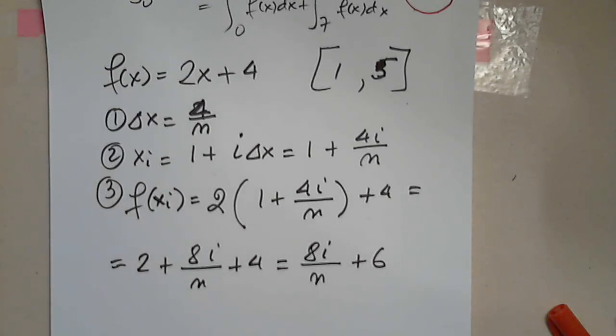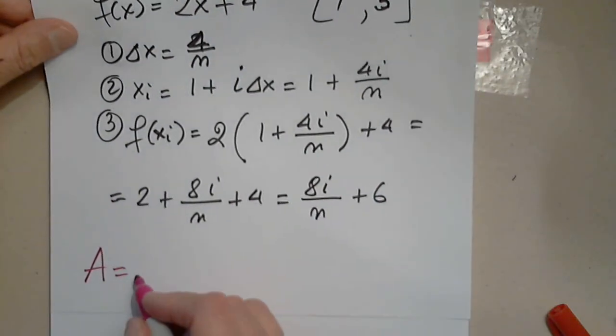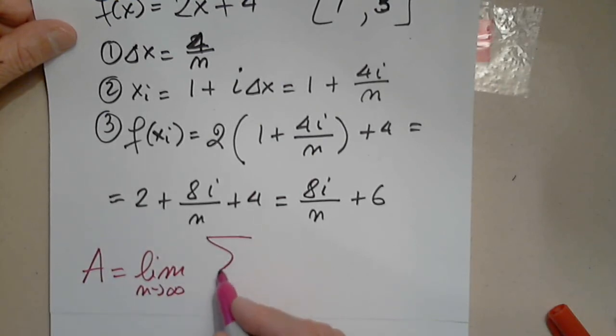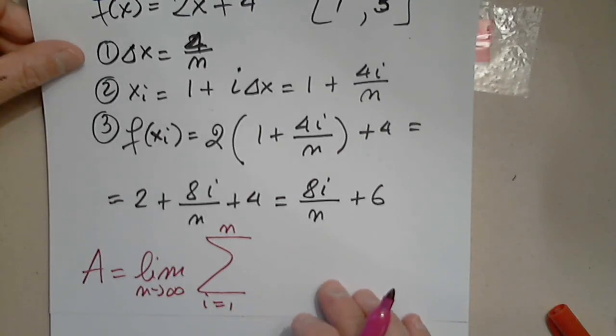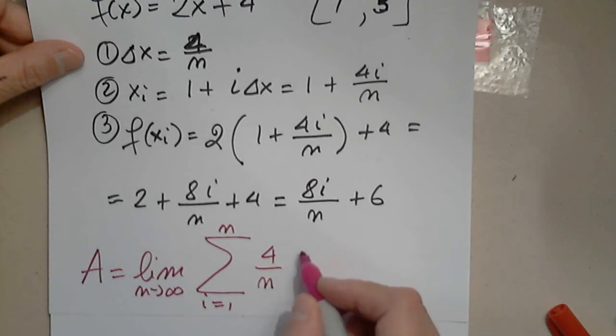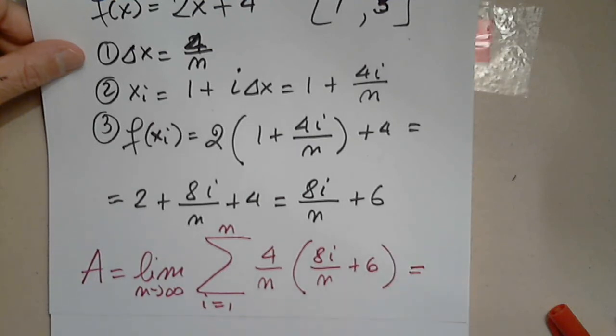I have all my preps. They're all done. Now I can write the exact area under this graph between 1 and 5, which is the limit as n approaches infinity of the sum from i equals 1 through n of delta x, 4 over n, times f of xi, 8i over n plus 6.